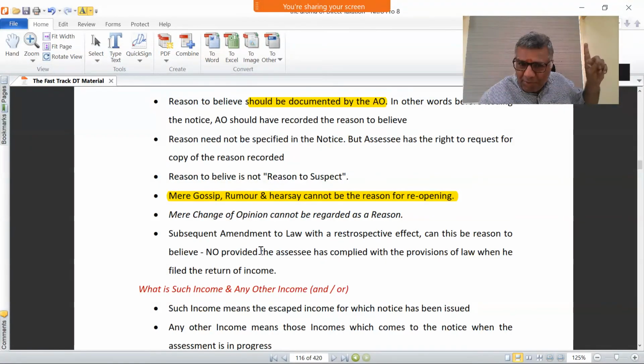No. The assessee has complied with the provision of the law when he filed his return of income and believed that you will not change. You change with a retrospective effect and say now income has escaped assessment. That cannot be the reason to believe.